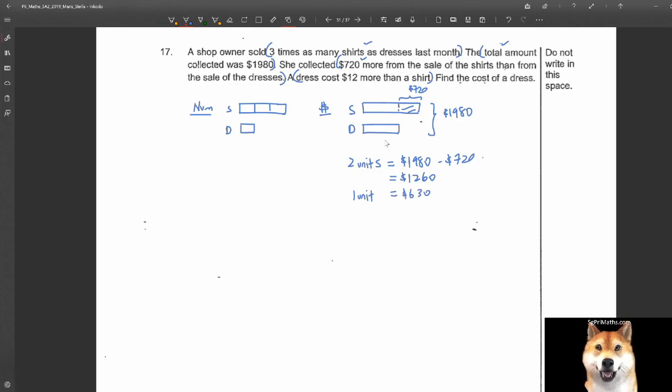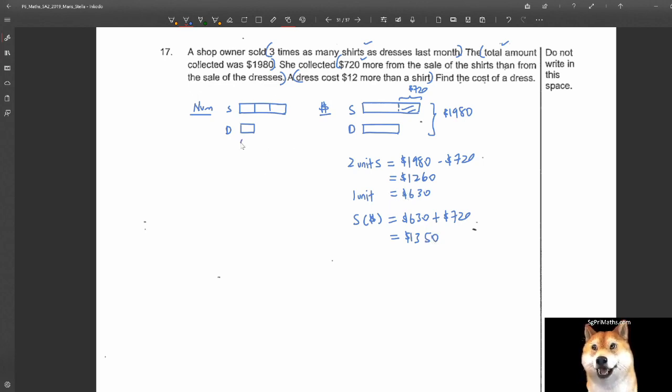This is the dress. Then we can find the shirt, which is 1 unit plus the 720, giving us $1,350.